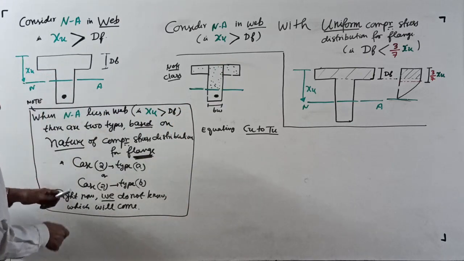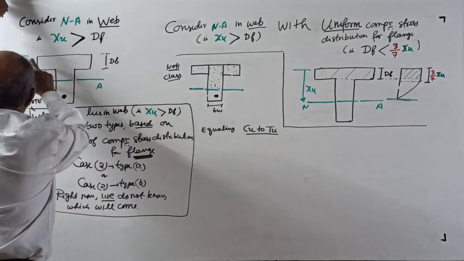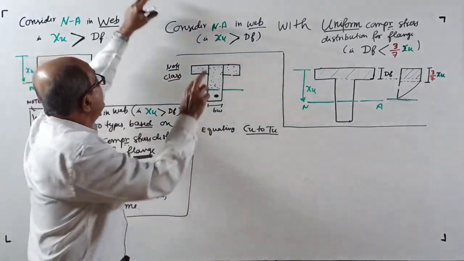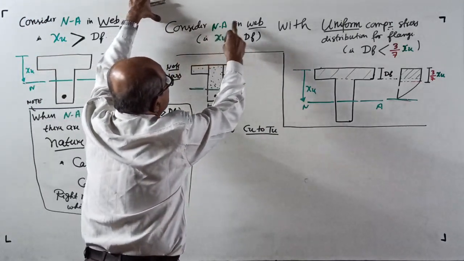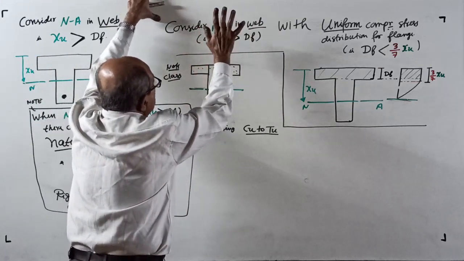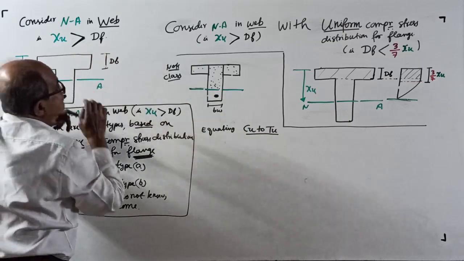Now, continue. See, neutral axis in the web, one thing guaranteed, XU more than DF, but which type we do not know. So, consider neutral axis in web, that is the case 2, that is the moment you take neutral axis in the web, your XU is more than DF. Okay.